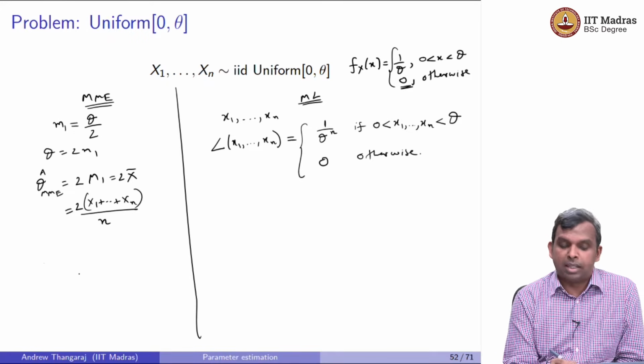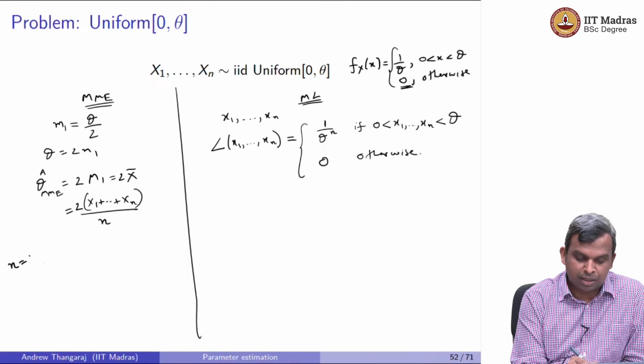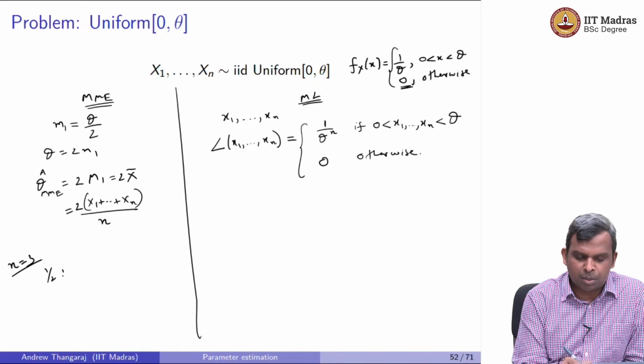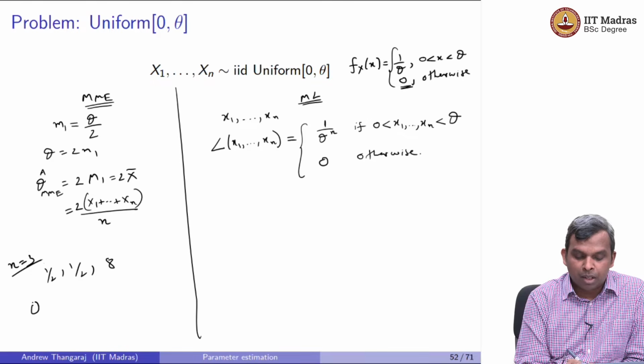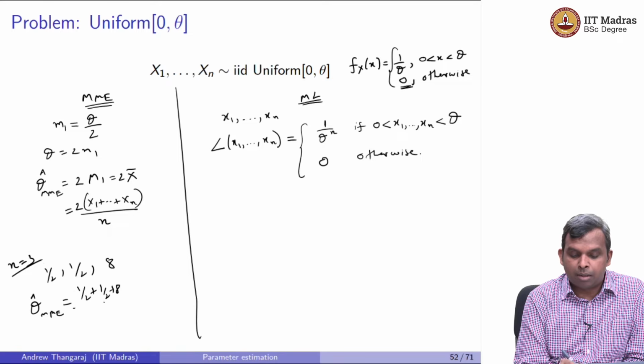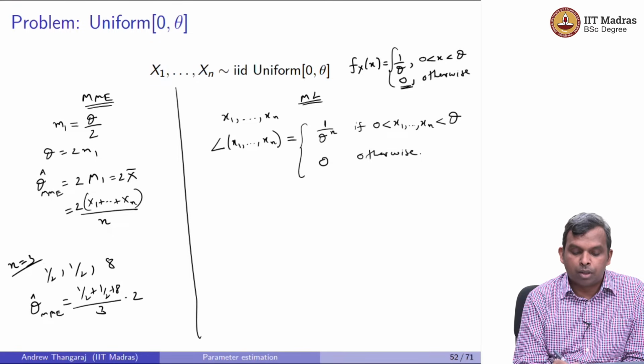So let me give you a simple example of actual samples here. So here is n equals 3 and maybe you got samples like half, half, 8, okay, I'm taking an extreme example. So if you look at theta hat MME, the estimate is going to be (half plus half plus 8) by 3 into 2. So that's 9 by 3 into 2, that's 6.